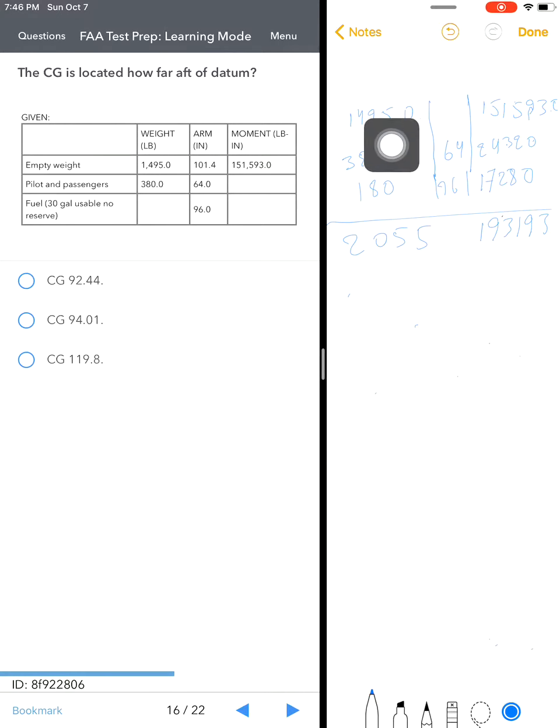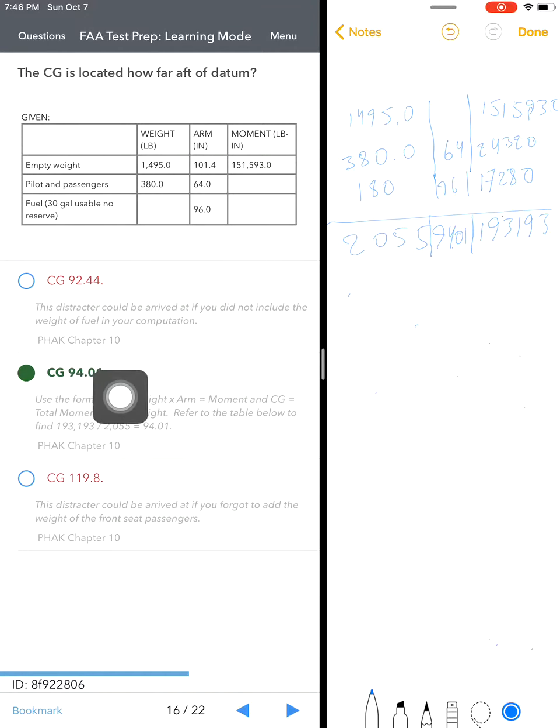Then 193,193 divided by 2055 equals an arm of about 94.01, something like that. So I got the exact number right up here. That's how easy it is to calculate this.